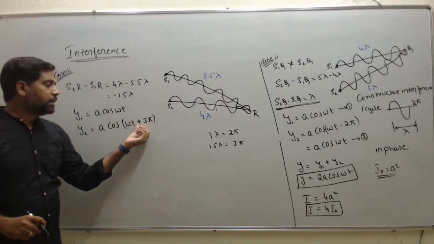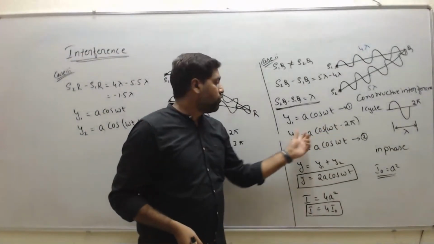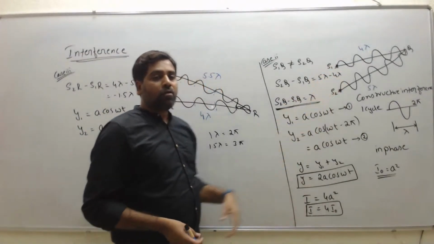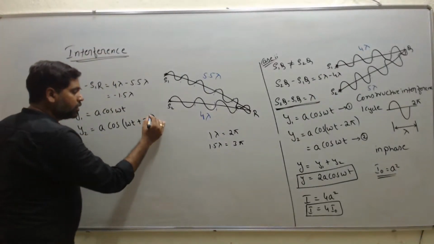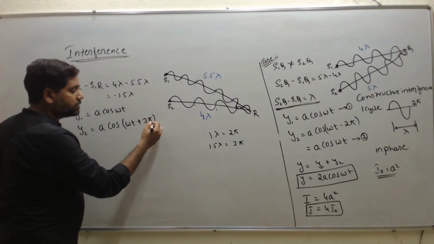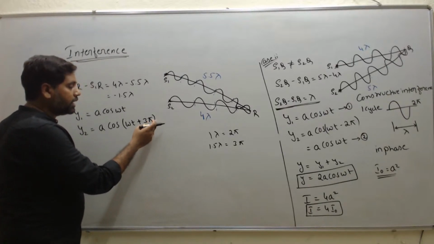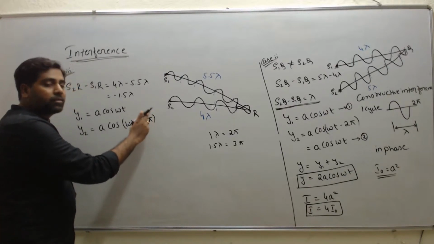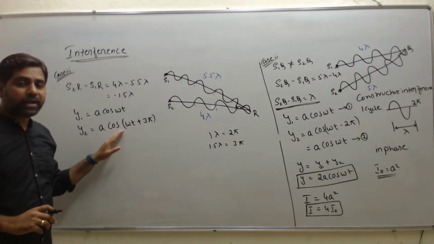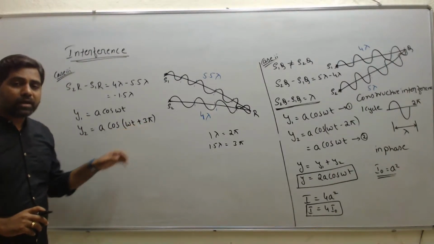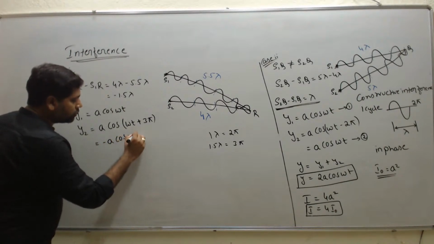Plus represents that y2 reaches earlier; minus represents that y2 reaches later than y1. Now cos of 3 pi is nothing but cos of pi. 2 pi is 1 cycle, then the cos value will be in the third quadrant, and in the third quadrant the cos value is negative. So cos of 180 plus omega t gives minus a cos omega t.